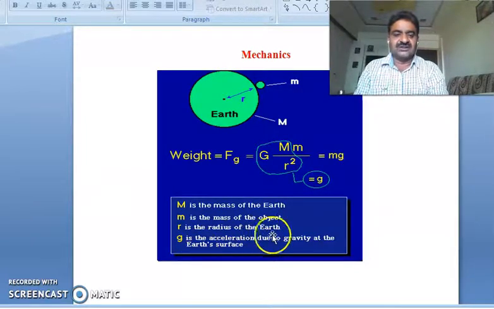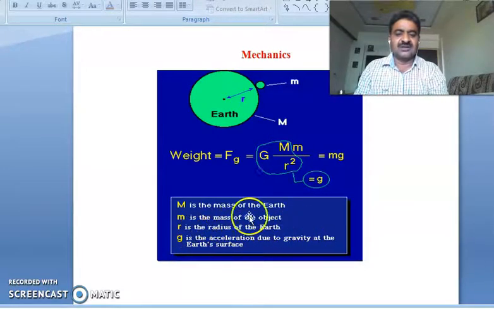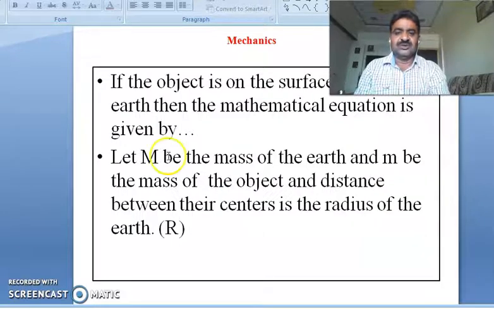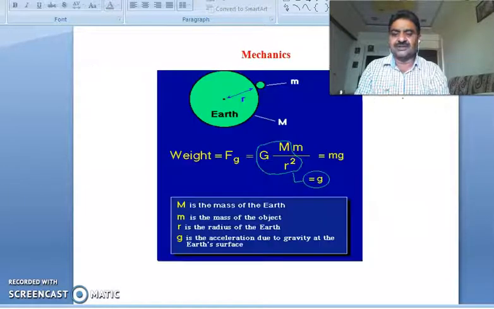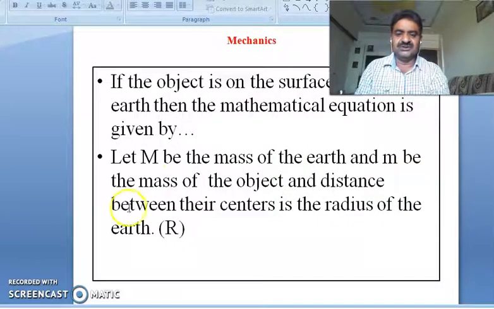So g is the acceleration due to gravity at the Earth's surface. R is the radius of the Earth. Small m is the mass of the object, and capital M is the mass of the Earth. If the object is on the surface of the Earth, then the mathematical equation is given by this expression. F is equal to G M m by R square is equal to m into g. Let M be the mass of the Earth and small m be the mass of the object.